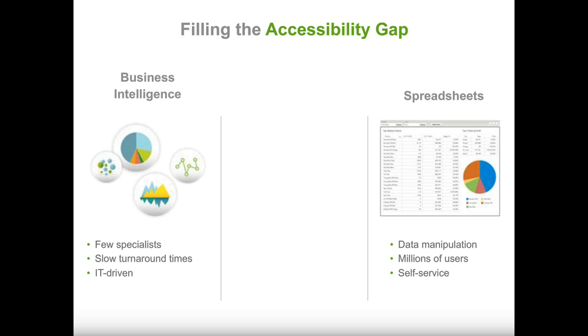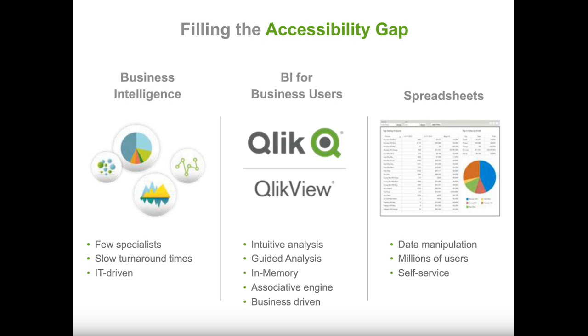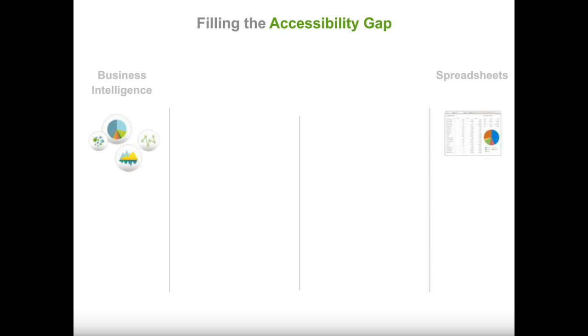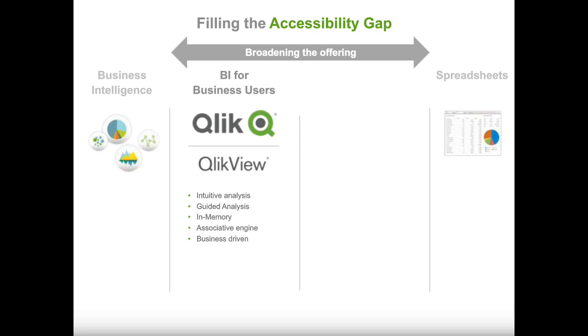As many of you, I'm sure, are well aware, when we introduced QlikView to the market, it was about closing the accessibility gap between traditional business intelligence tools and spreadsheets. Qlik Sense is about broadening this offering, bringing the power of these capabilities to a new group of users.